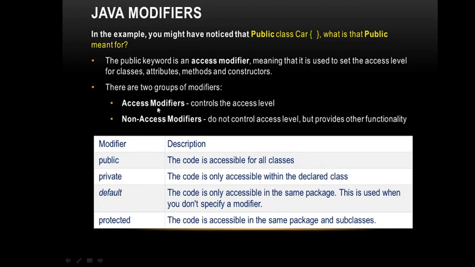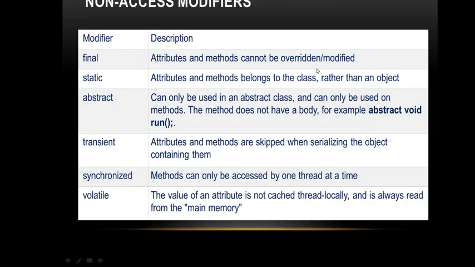So there are two groups of modifiers. One is the access modifiers, which control the access level, and the other is non-access modifiers, which do not control the access level but provide other functionality. There are some non-access modifiers. Final means attributes and methods cannot be overridden or modified. Static means attributes and methods belong to the class rather than an object. Abstract is also another modifier; it can only be used in an abstract class and only on methods.